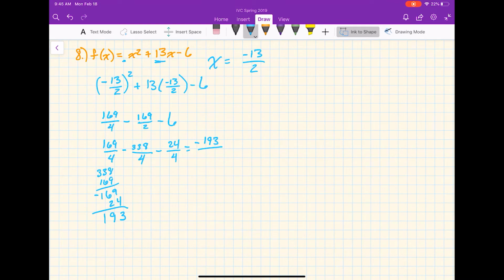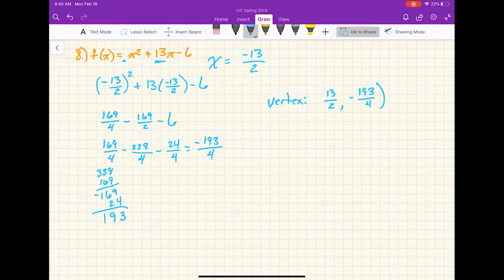So my answer here is negative 193 over 4. Oh my gosh, so much yuckiness here. So my vertex is going to be negative 13 over 2, and the y component is the negative 193 over 4, because that doesn't look like it can be reduced any further.